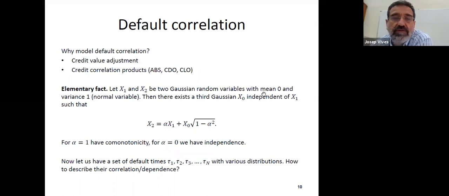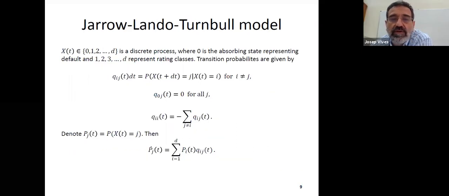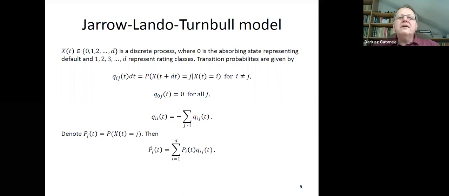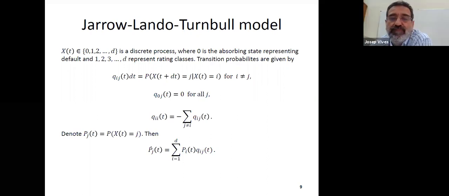Sorry, there is another question. Yes. They say those matrix of probability transitions, they are estimated industry per industry. Are you talking about ratings by agencies? They are internal ratings of banks.